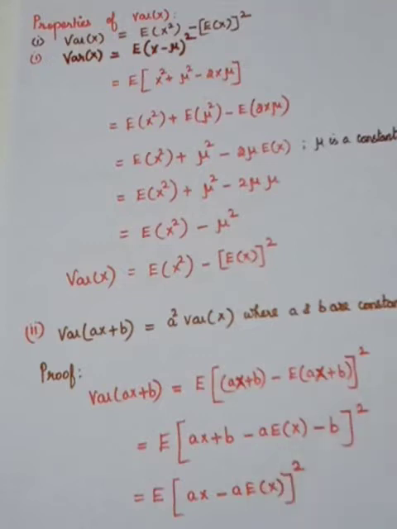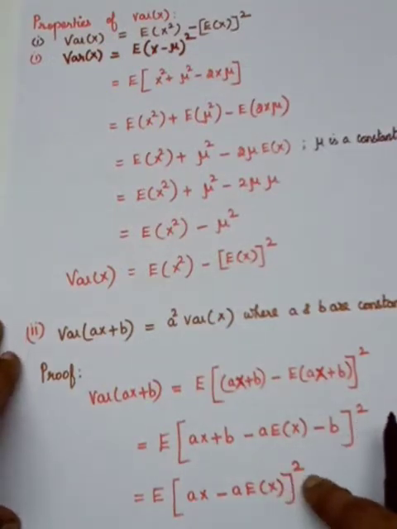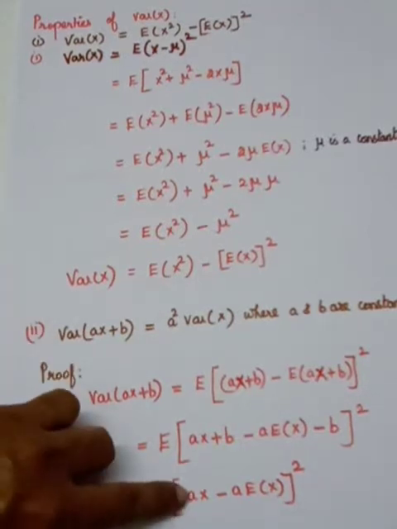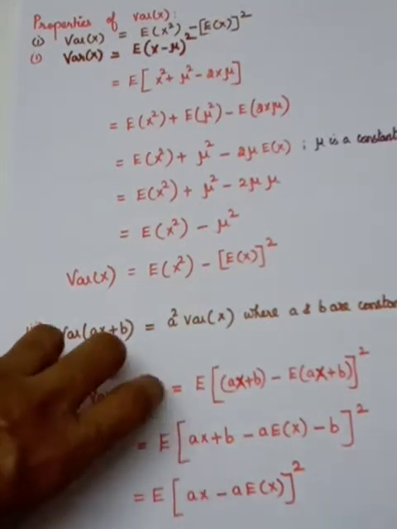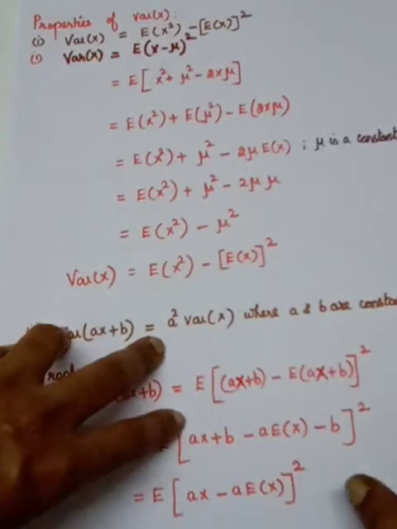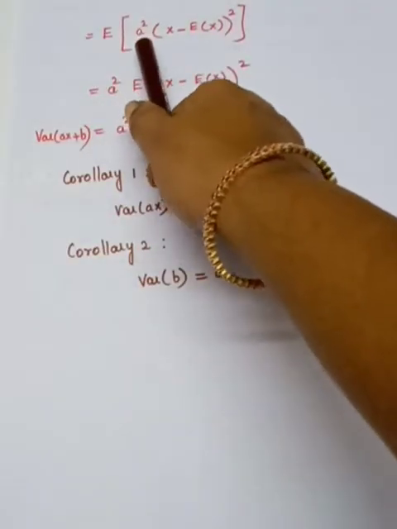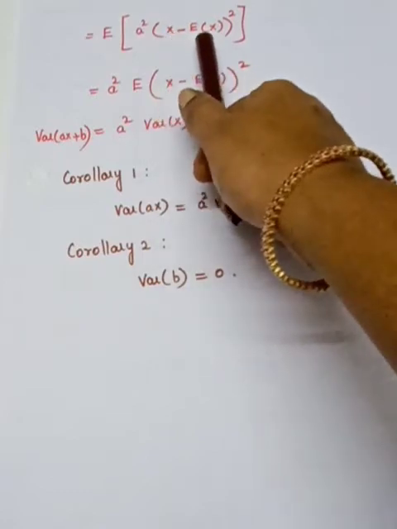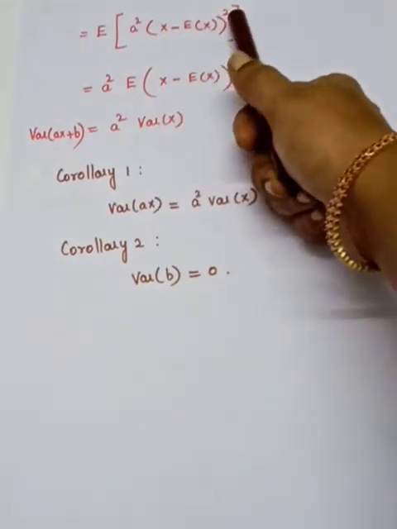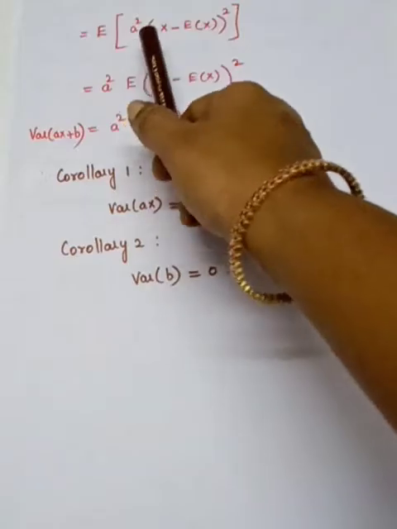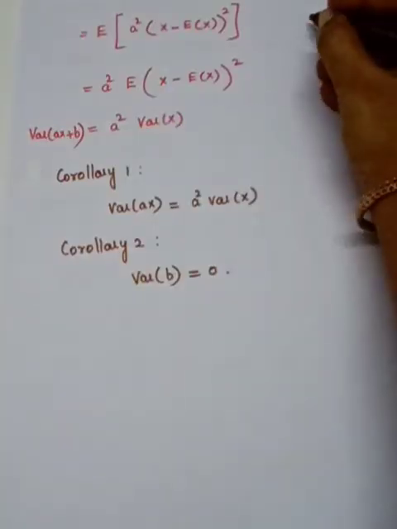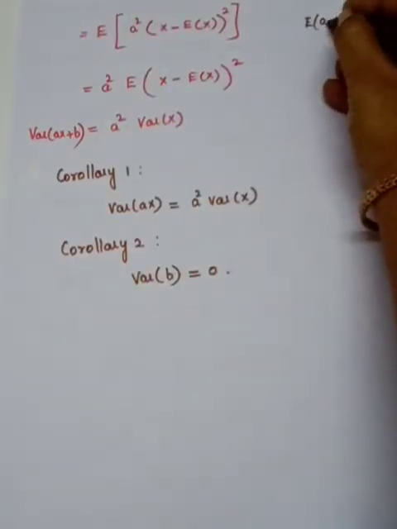From these two terms, what is common? A. If you take a out, it can be written as a into x minus E of x the whole square. Apply the power 2 for a. So it is E of a squared into x minus E of x the whole square. Got it clear? Now, what is E of ax?